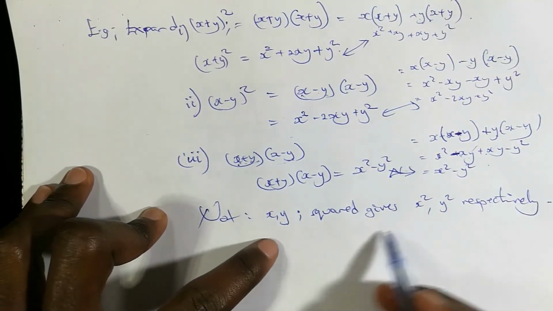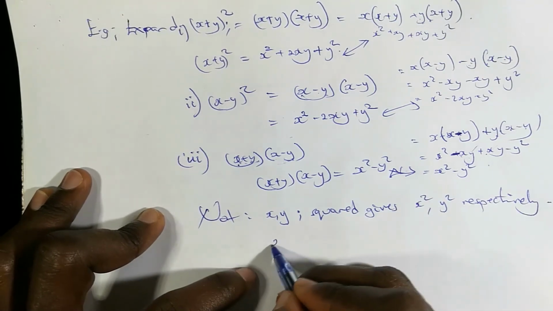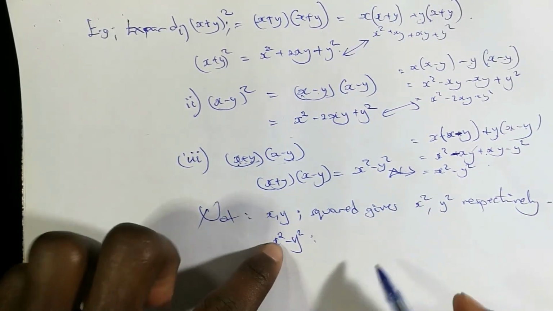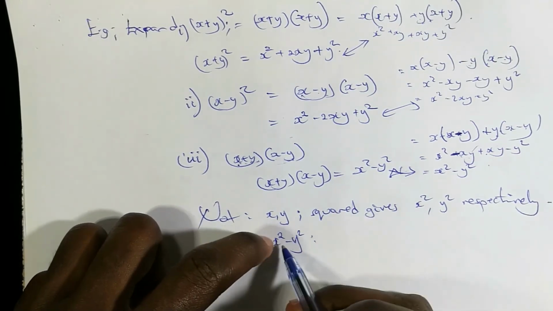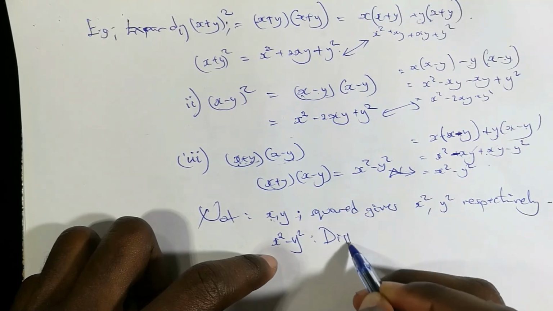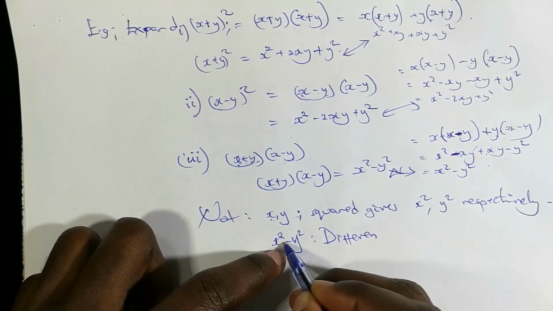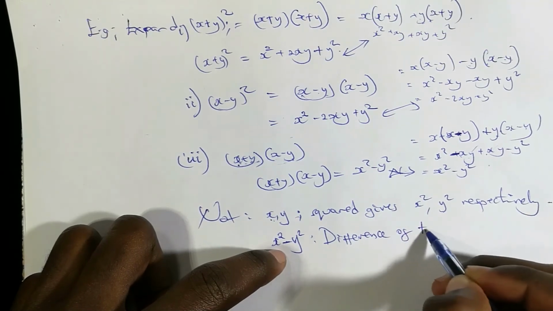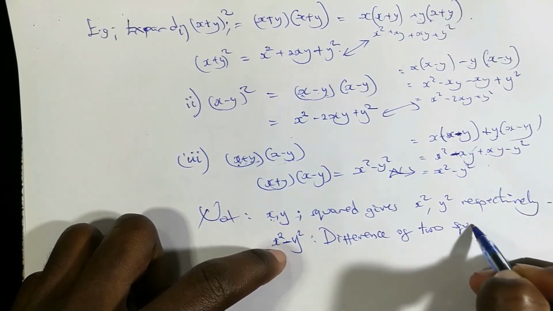And now I want us to observe that this is a difference of the squares of x and y, which is this, giving us difference, difference meaning minus, of two squares.